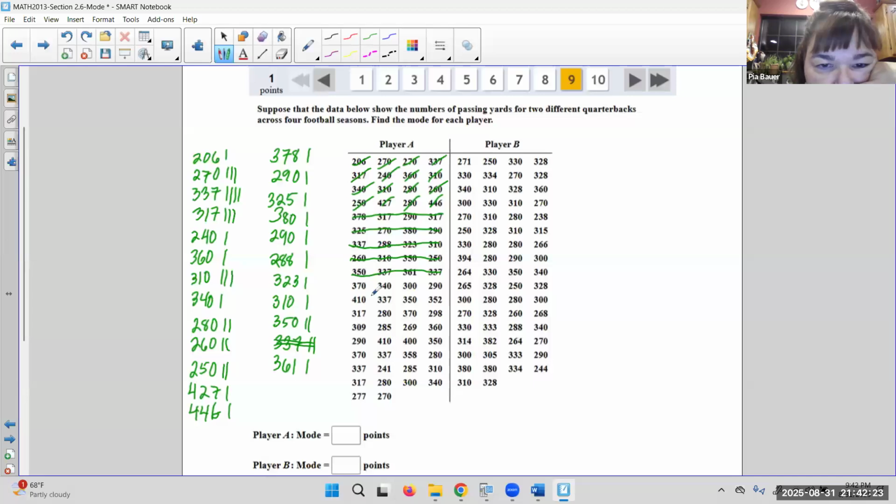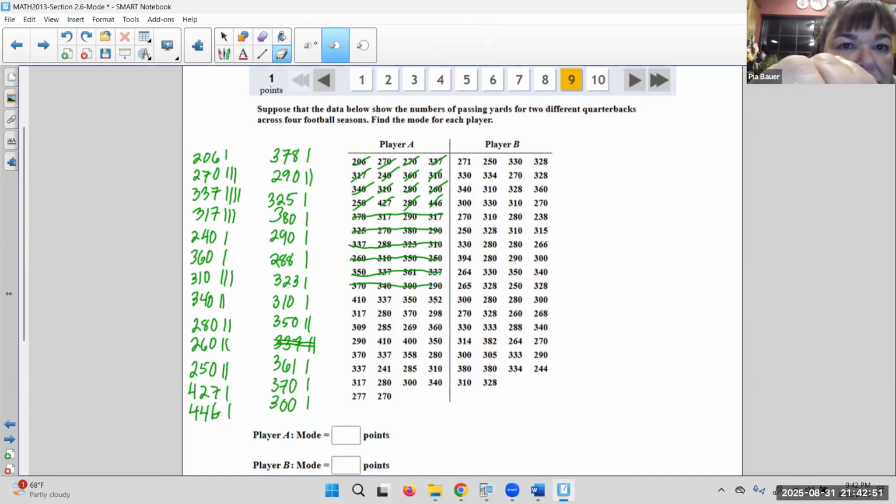370 is the one that I was starting with. 370 is one. 340 is here. 300 and 290. 410.